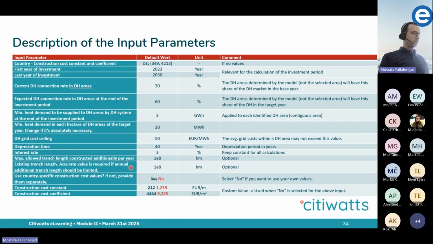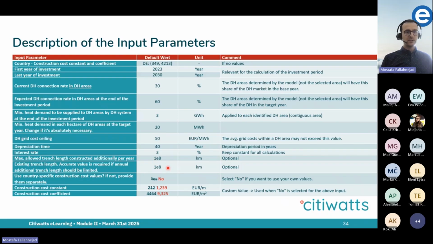If I want to use them, I need to modify these two parameters, and basically I tell how much I am allowed to expand every year. So instead of 10 to the power of 8, I can give 10 kilometers per year, or 5 kilometers, or 1 kilometer a year.